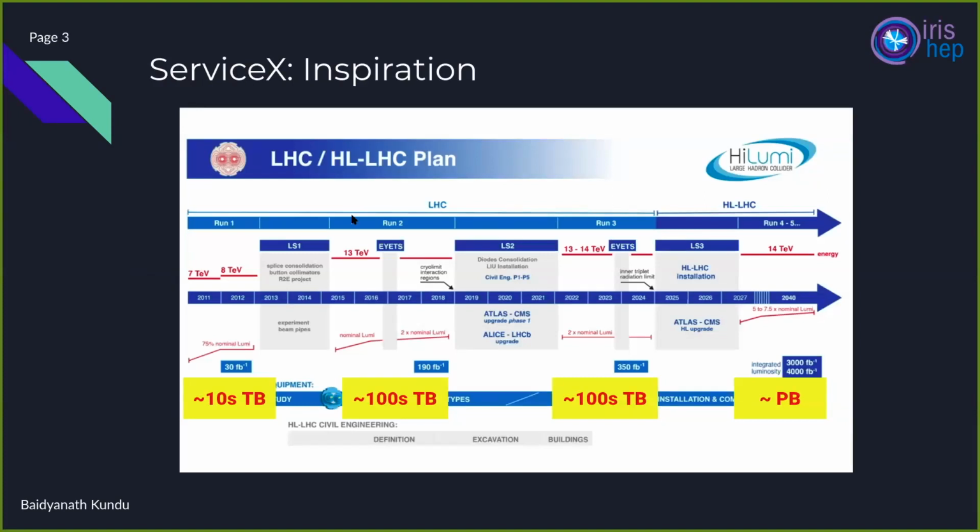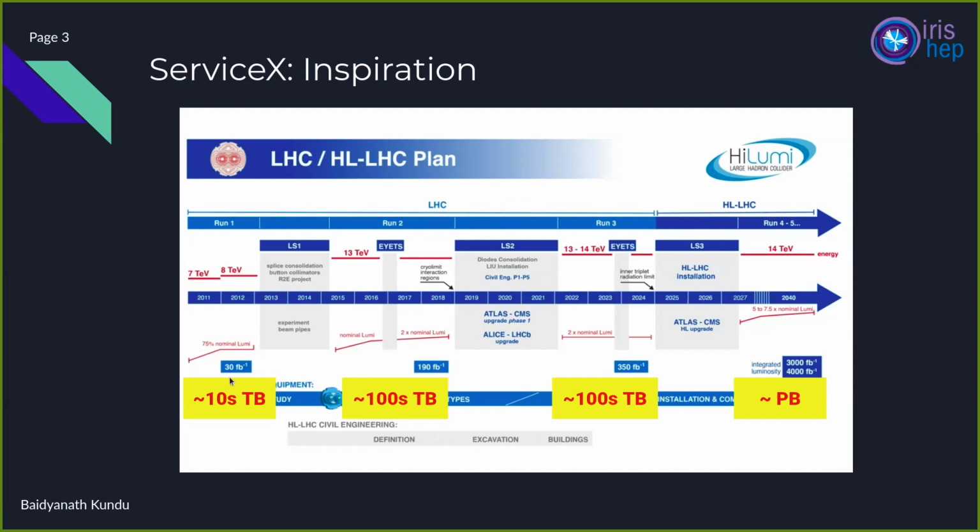So before we dive into my project, let me talk about ServiceX. The picture that you see on the screen is the LHC plan before the pandemic hit. And the boxes underneath, the yellow ones, represent the order of the amount of data that is produced in each run.